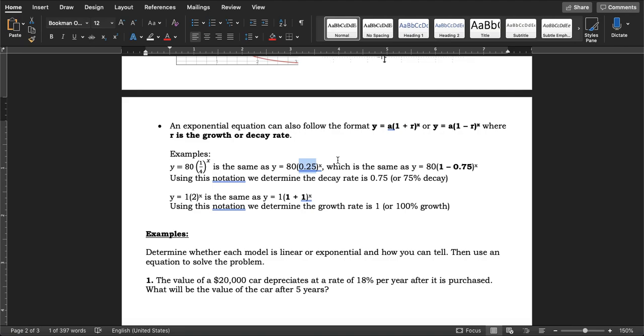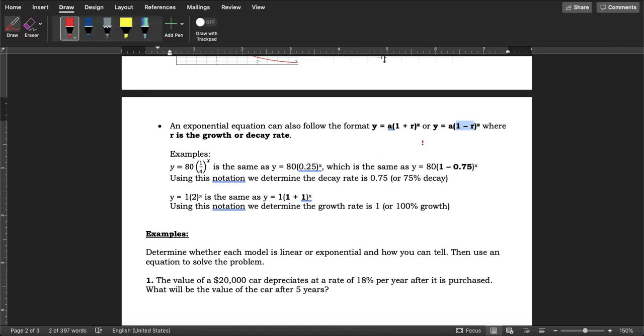And then what I basically do next is I determine how that 0.25 was calculated using this notation. In other words, what was substituted in place of r for me to end up with 0.25 inside the parentheses? What was subtracted from the number 1 in order to get 0.25?